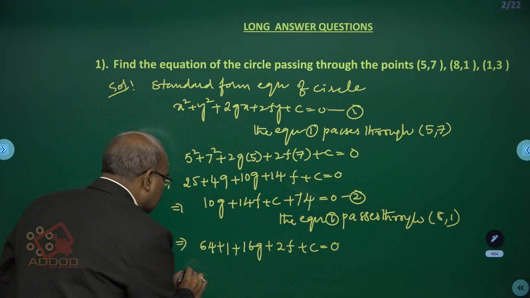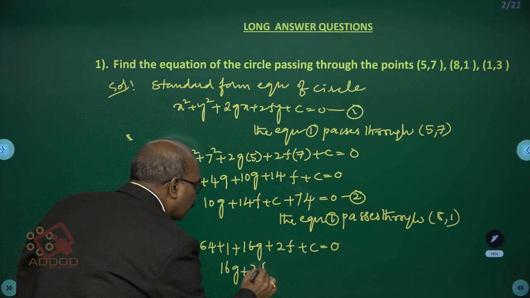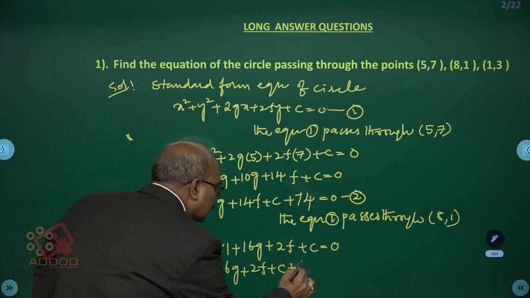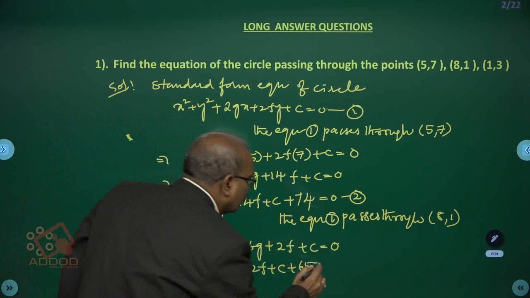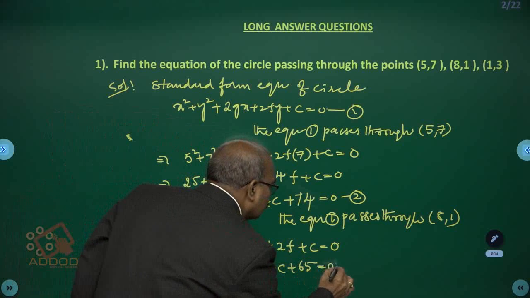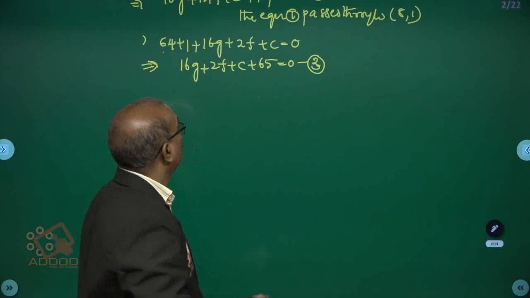That is 16g plus 2f plus c plus 65, this is 64 plus 1, 65, is equal to 0. Equation 3.